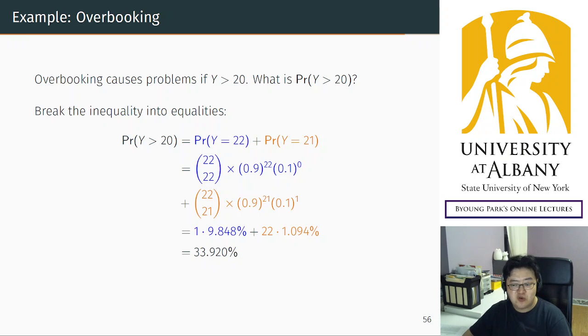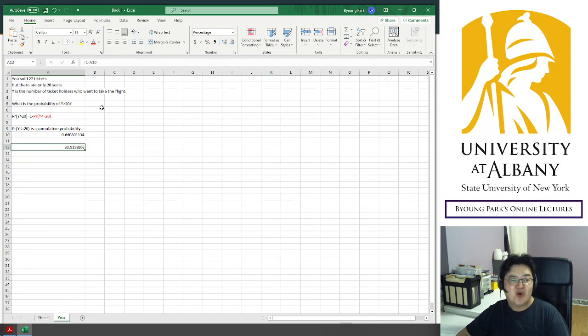What I'm showing you here is that, in principle, a cumulative probability defined by an inequality should be split into multiple probabilities of equalities. However, you can do it simply in Excel. Excel will do the algebra for you.